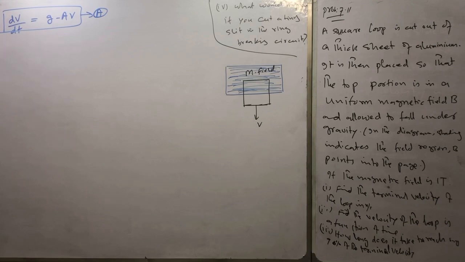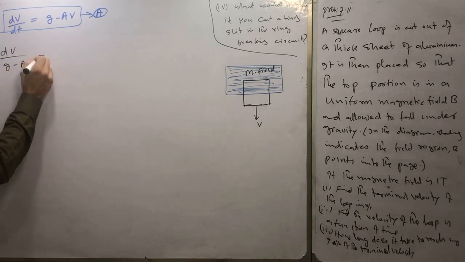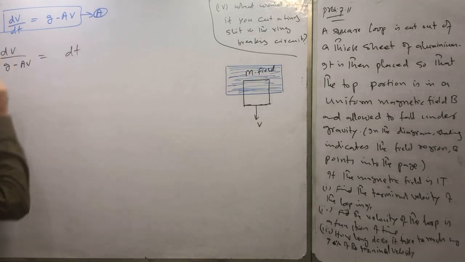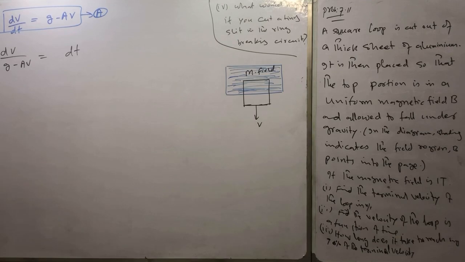How is it possible? dv/(g − av) = dt. Then we must integrate this.